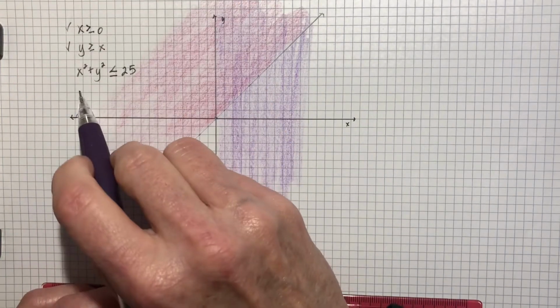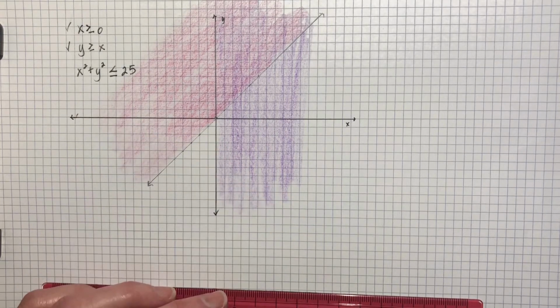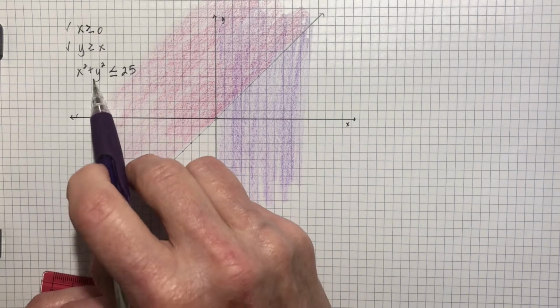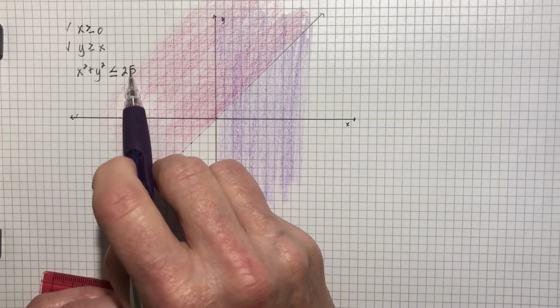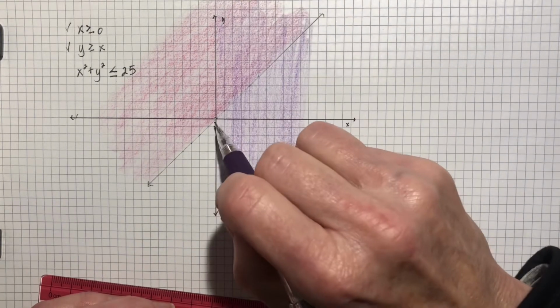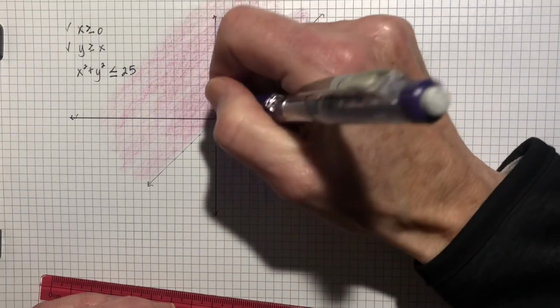And our third and last inequality is x squared plus y squared is less than or equal to 25. So this will be a circle. And it's a circle with a radius of 5, since that's the square root of this number here. To plot this, we will go 5 units out from the center in all these directions.